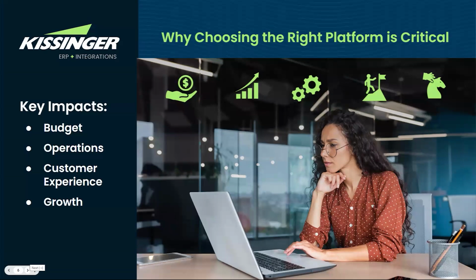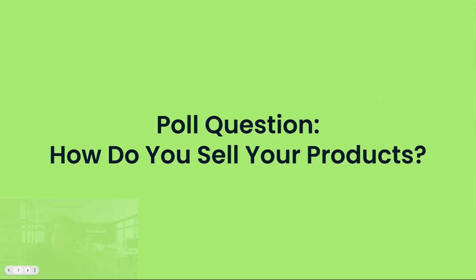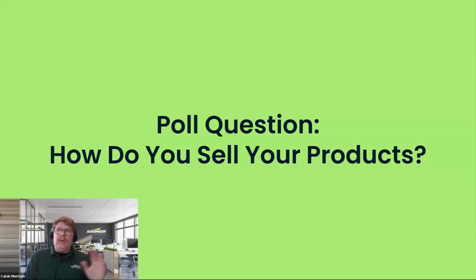One of the things we're going to talk about through this is what channel you're selling in will impact what platform you really want. So we're going to do another quiz. Sorry, I'm doing lots of these, but I want to get some feedback. If you're selling right now, how does your business operate? Are you selling B2B?